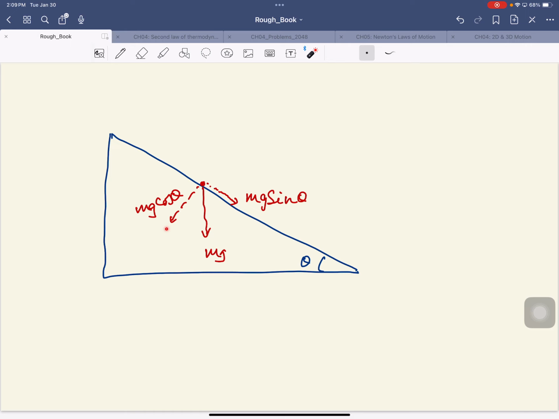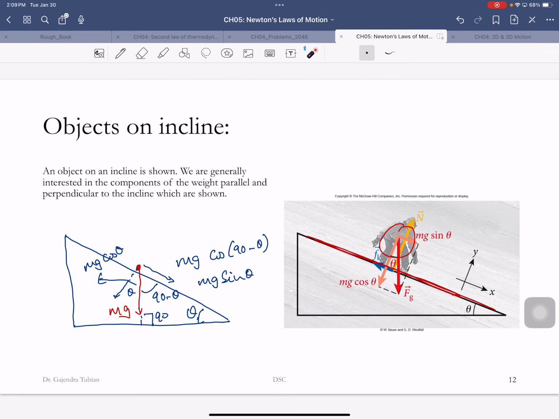Why isn't this guy falling through the slope? Because the normal force of the slope is balancing that. So this is equal to that. That's the normal force. And this component of gravity makes him accelerate down. Everybody understand that? All right. So we'll use that quite a few times in solving problems. You almost want to memorize that.